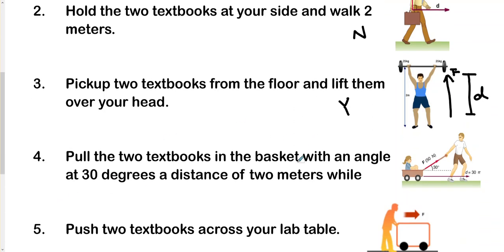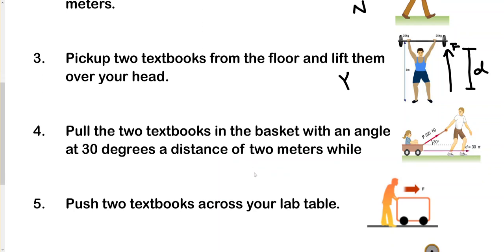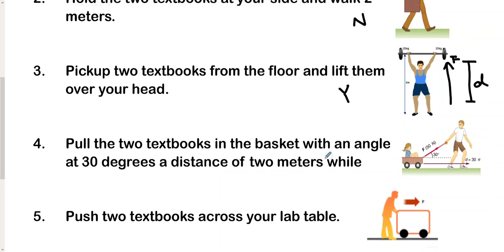Next, pull 2 textbooks in a basket at an angle of 30 degrees a distance of 2 meters. Here in our picture, this applied force is causing the displacement. So in this case, yes, work is done here.